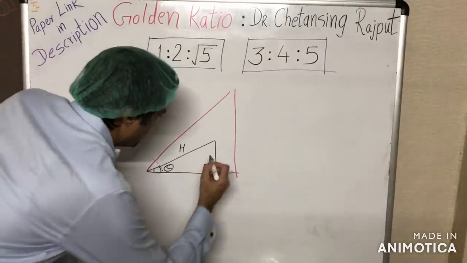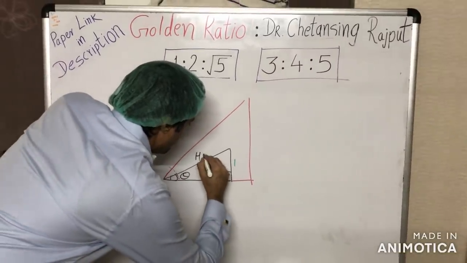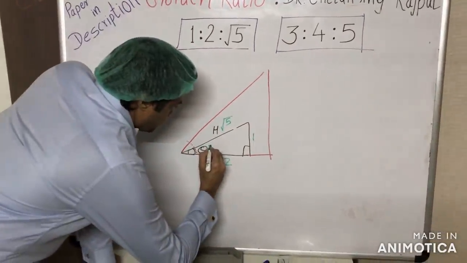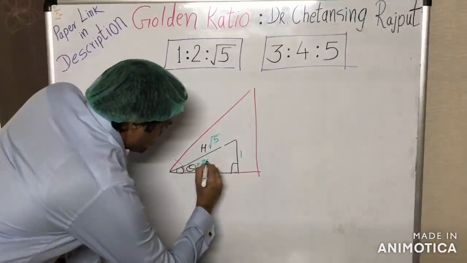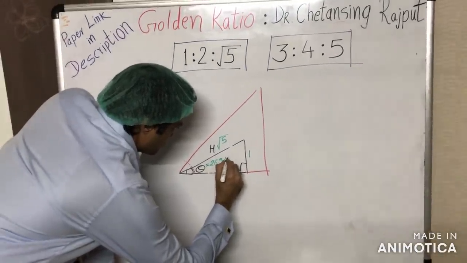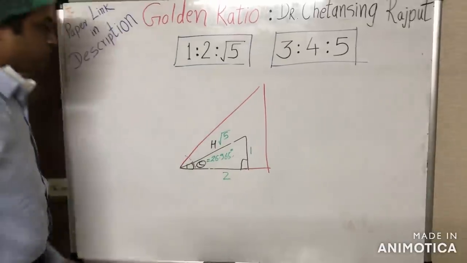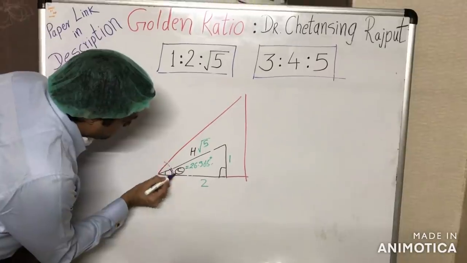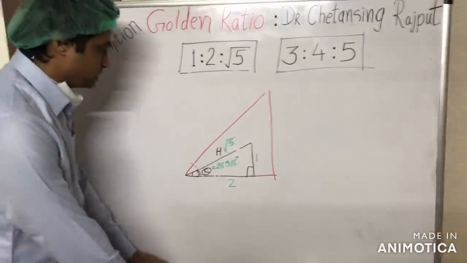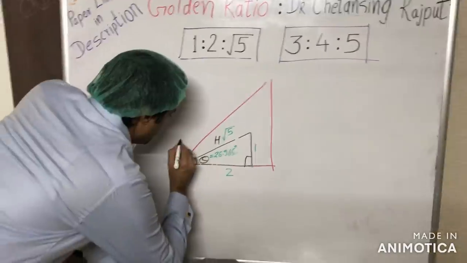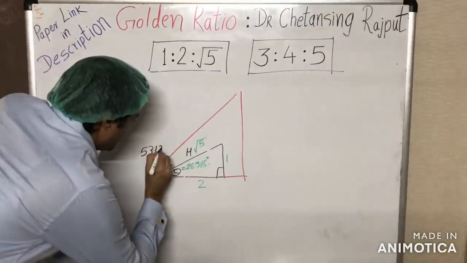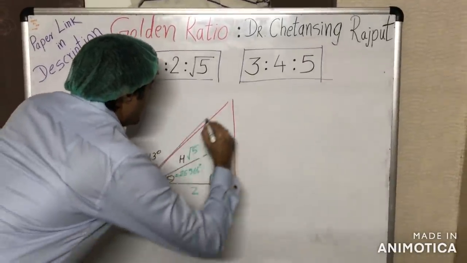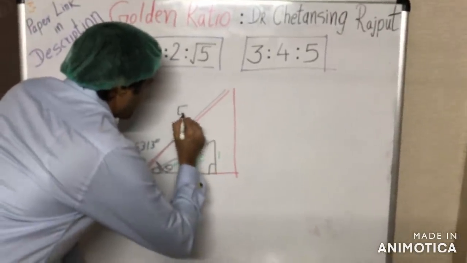Consider our 1, 2, root 5 triangle. This angle here in the 1, 2, root 5 triangle is 26.565 and so on degrees. Now, if we double this angle theta from 26 degrees to 53.13 degrees, the hypotenuse gets squared, root 5 to 5.